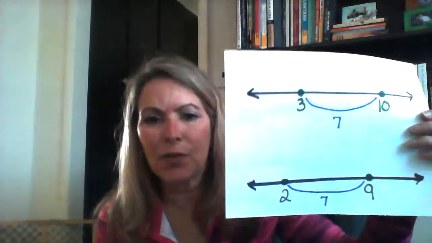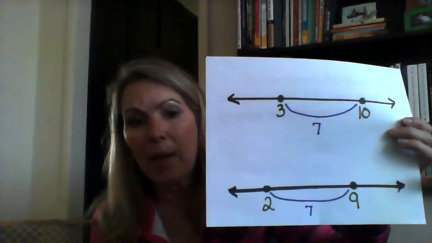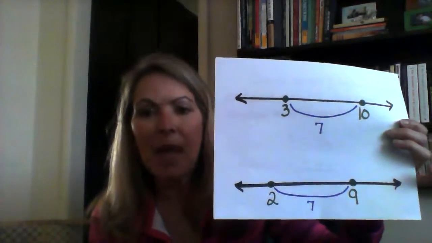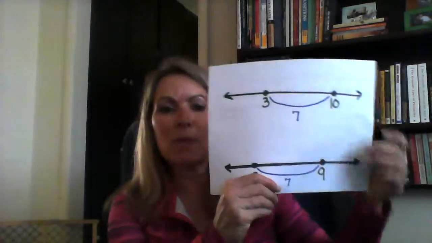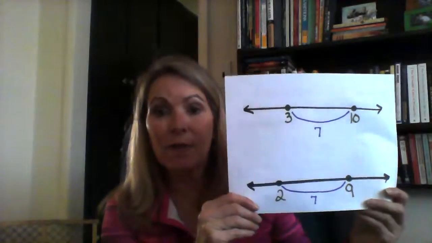The strategy is called compensation, but I like to call it also the same difference, because it really gives you an indication of why it works. So we're going to look at a couple of number lines here. I've got a number line with points at 3 and 10, and notice that the difference between these 2 points is 7.